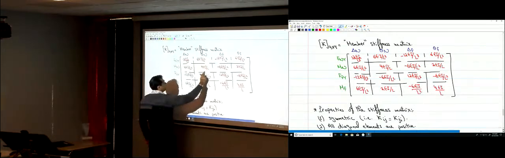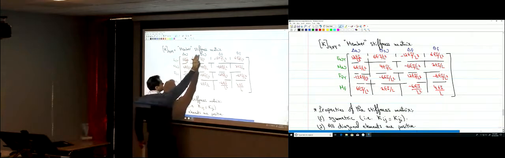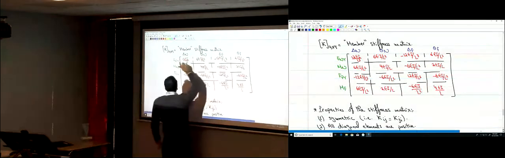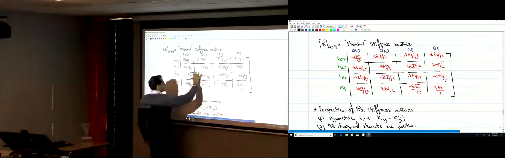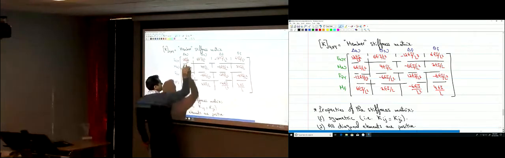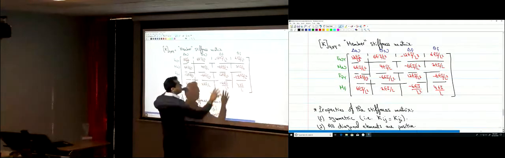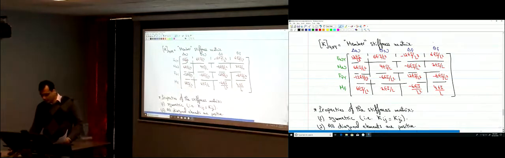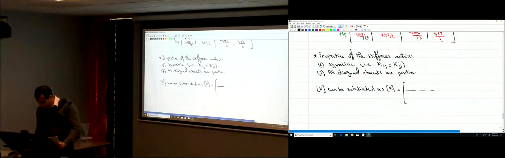This part relates the forces and moments at the near end to the displacements at the near end. This part relates the forces at the near end to the displacements at the far end. This one relates the forces at the far end to the displacements at the near end. This part relates the forces at the far end to the displacements at the far end. So I can subdivide my matrix into 4 small matrices.